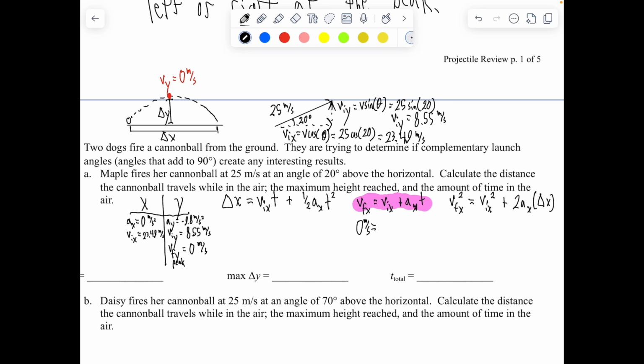Our initial velocity, 8.55 meters per second, plus the acceleration in the y direction, negative 9.8 meters per second squared. Our time is what we're solving for. Now we just want to isolate our time. We'll move the 8.55 over, subtract it from both sides.